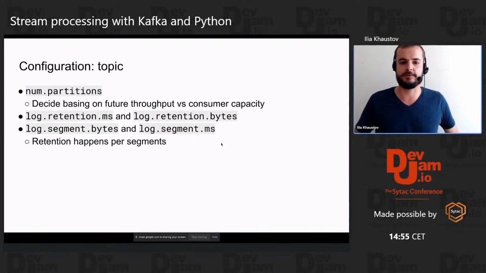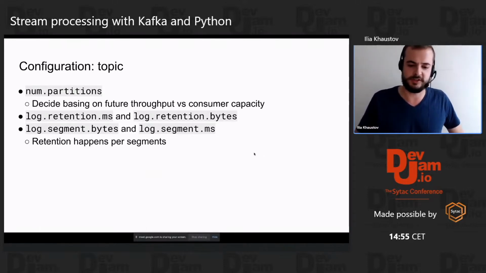By default, the segment is quite huge actually. I think it's like 1 gigabyte maybe, or 100 megabytes. For some companies it may be enough, especially when you only start with this technology. Not so much data goes into Kafka, right?